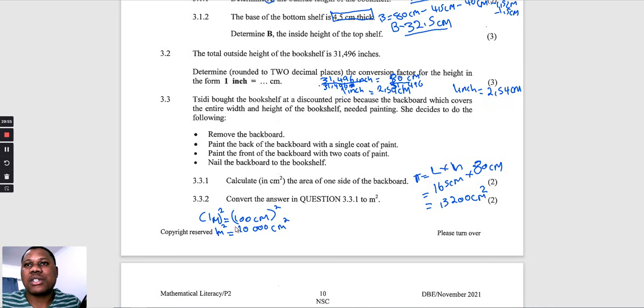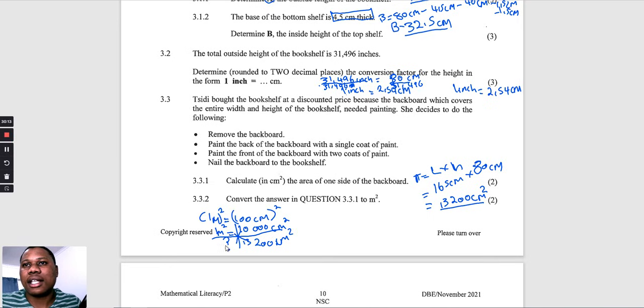Now we are going to have our cross multiplication. We are going to convert 13,200 centimeters squared, and here we put a question mark.